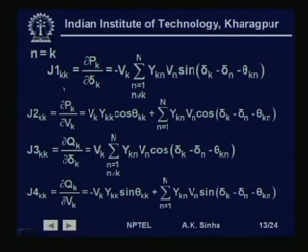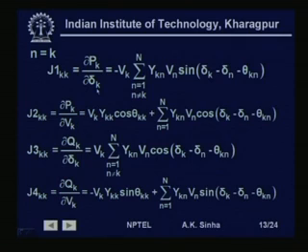So, these are basically computed using the equation for P and Q at bus k and taking the partial derivative with respect to delta and V, that is the magnitude and the phase angle of voltage at different buses.